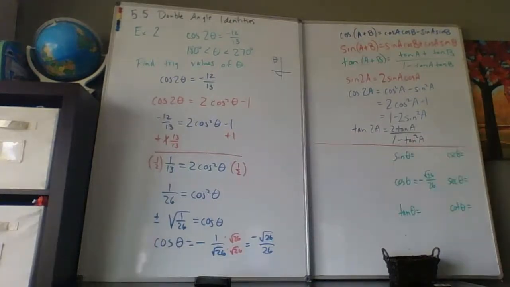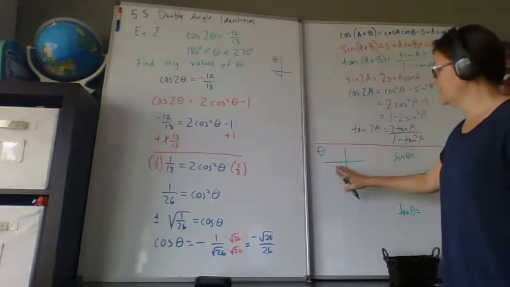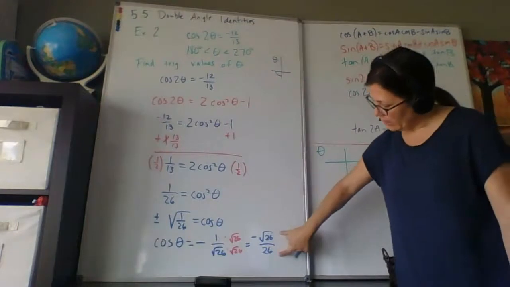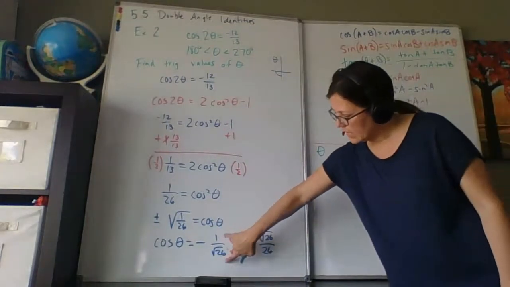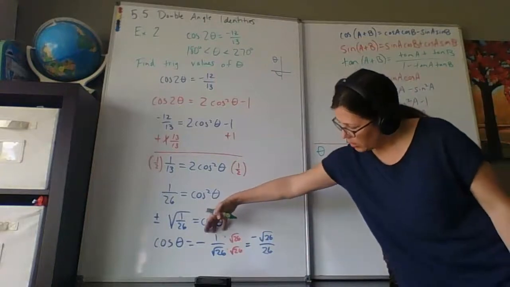Now that I have one functional value of regular theta, I can go ahead and draw a picture of theta and find all of the other trig functional values. We know theta is in quadrant 3. Now, we could either use these values, or we could just use the negative 1 and rad 26. And I'm going to use these smaller values.